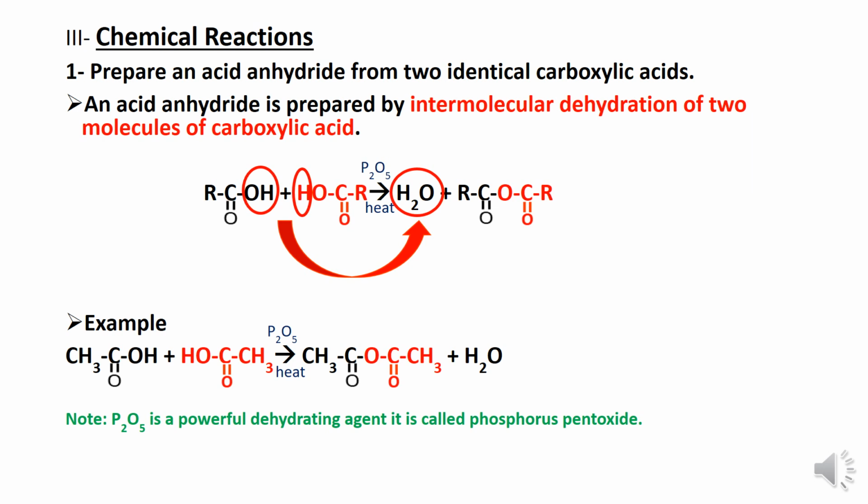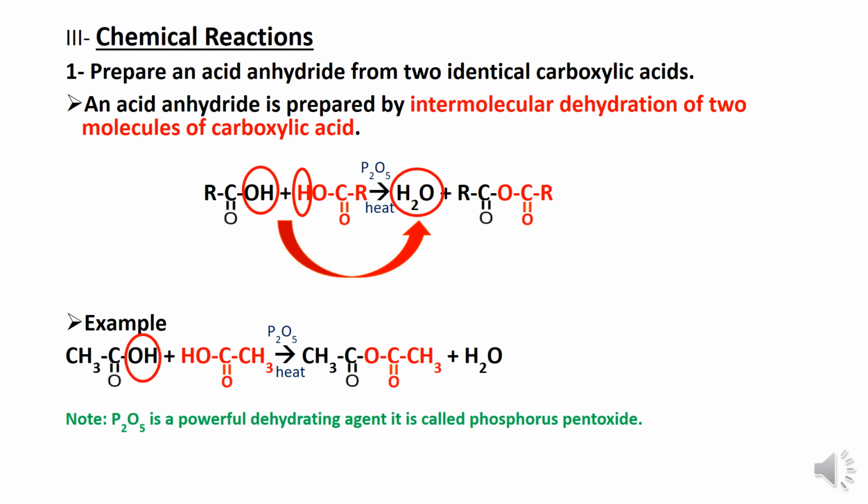What do we have here? We use a catalyst, which is P2O5. It is a powerful dehydrating agent, and it is called phosphorus pentoxide. Now, to explain this one more, let's take an example. You have the ethanoic acid.